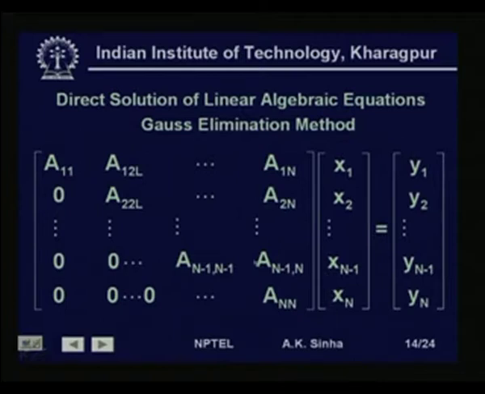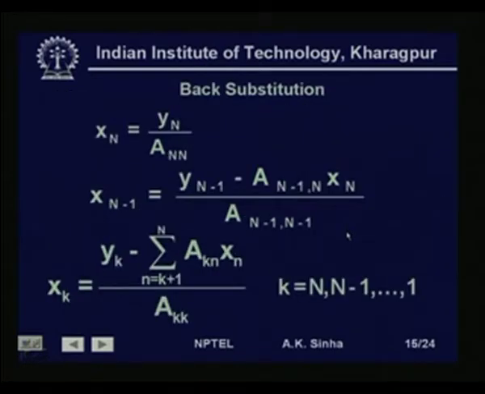So, knowing this value and substituting it here, we have only one unknown, x n minus 1, which can again be found, and so on. We can proceed backward from the nth element and finally go up to the first element, and therefore we can find all the unknowns x 1 to x n. This is what we call the back substitution method.